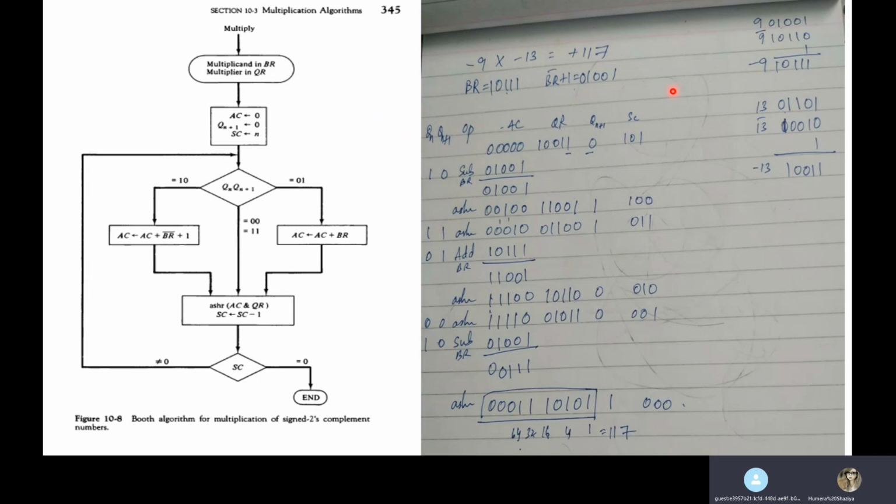How do you obtain 2's complement form? You obtain 2's complement by taking 1's complement and adding 1 to it. Like this: 9 you write in binary as 01001.